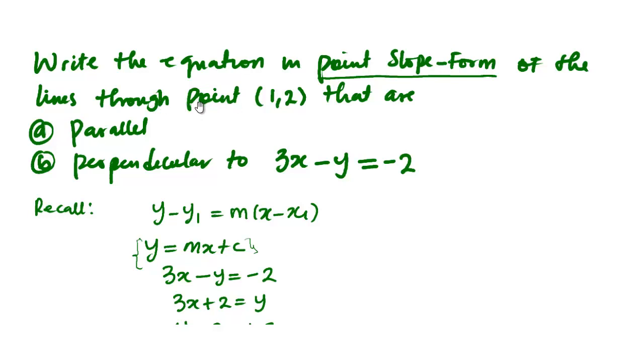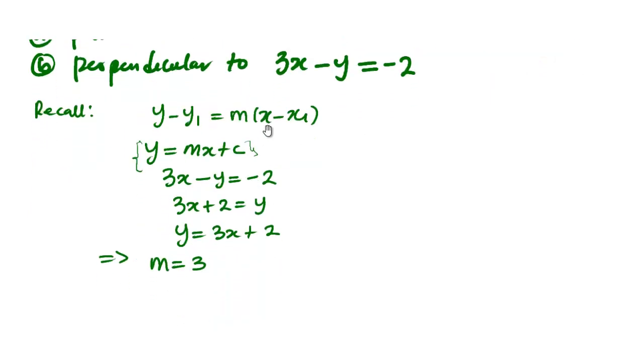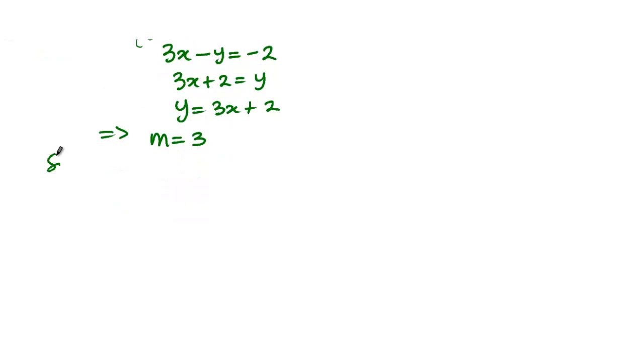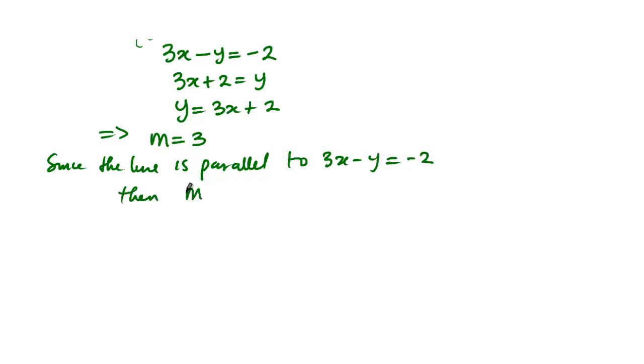Going by the question again, it says write the equation in point slope form of lines through point (1, 2) that are parallel to this. So if the line that passes through this point (1, 2) is parallel to this line, it implies that both lines will have the same slope, because of the parallelity. So since the line is parallel to 3x minus y equals minus 2, then m1 equals m2, which is equal to 3. So they are going to have the same slope.